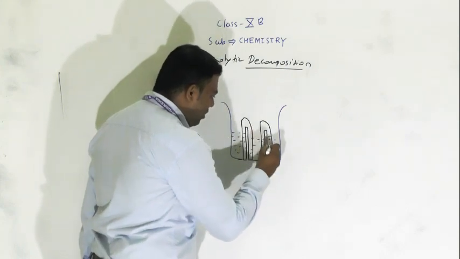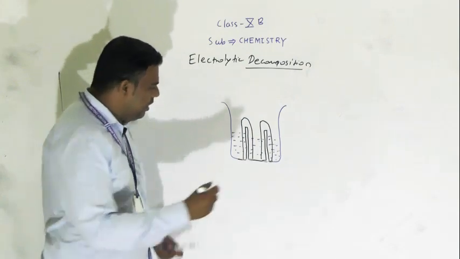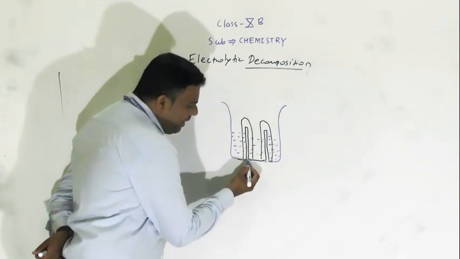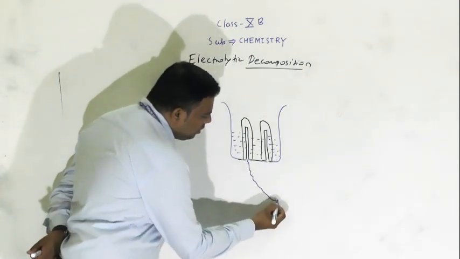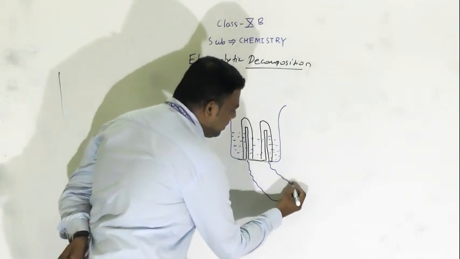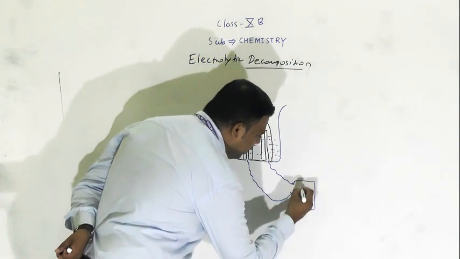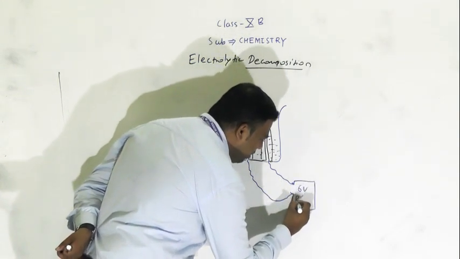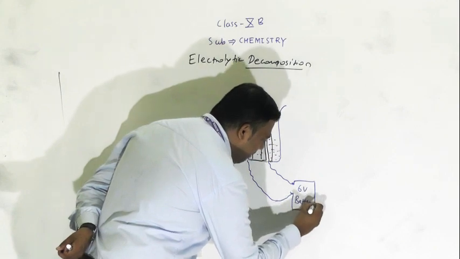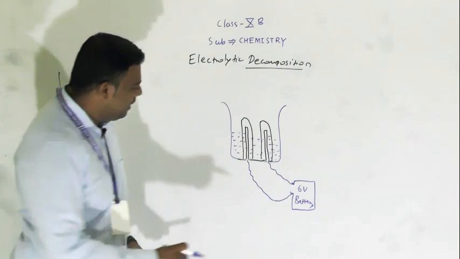Okay, now see, we will label this. And these are connected with your 6-volt battery. It will be connected with your 6-volt battery.